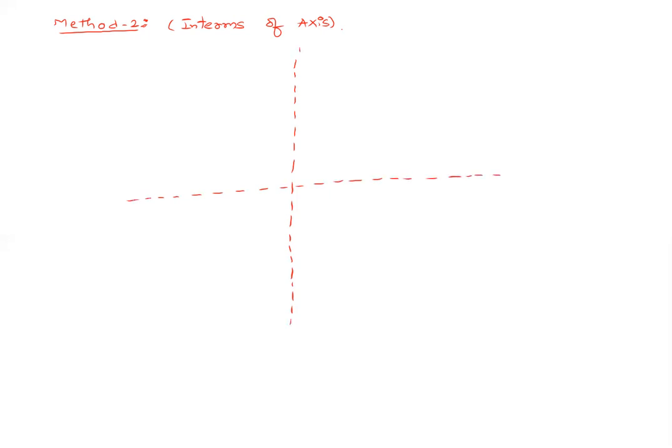If this is called your first quadrant, of course you must have learned this in your 10th class trigonometry, this is your second quadrant and this is your third quadrant. You must obviously know which is positive x and which is negative x. So this is positive x, this is negative x, this is positive y, this is negative y.